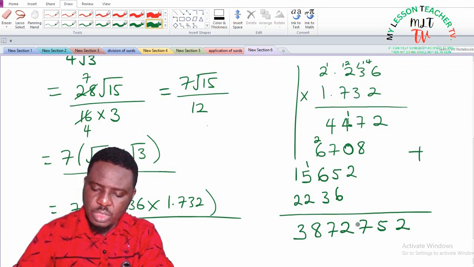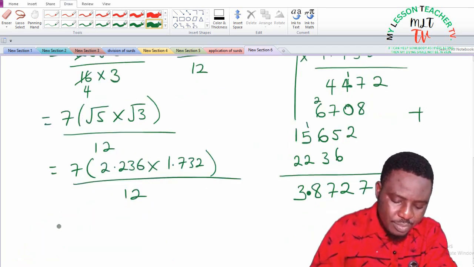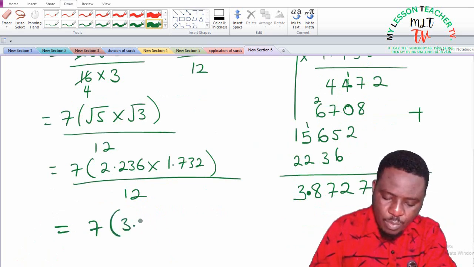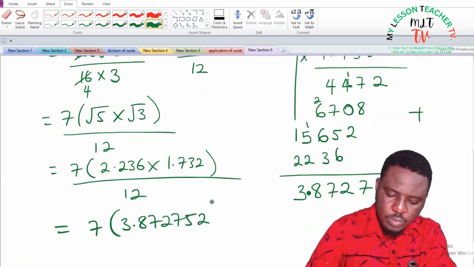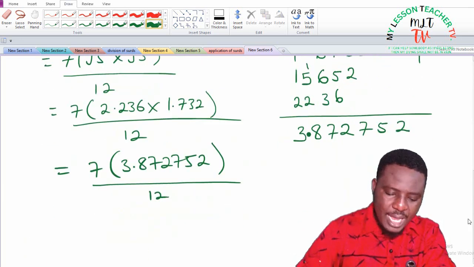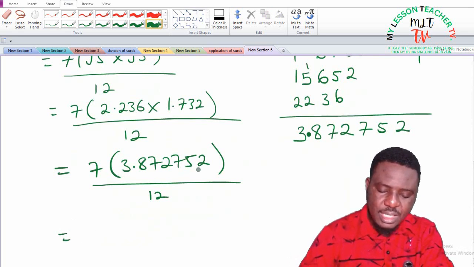So this is 1, 2, 3, 4, 5, 6. So my answer is 3.87272. So this is equal to 7 times 3.87272 divided by 12. I'll still multiply this by 7.